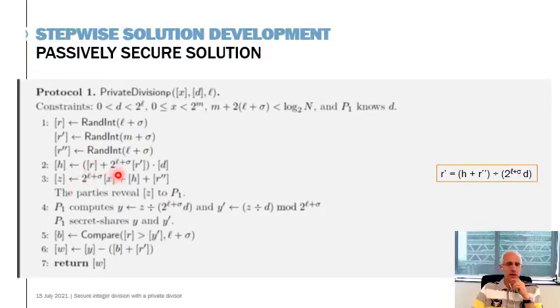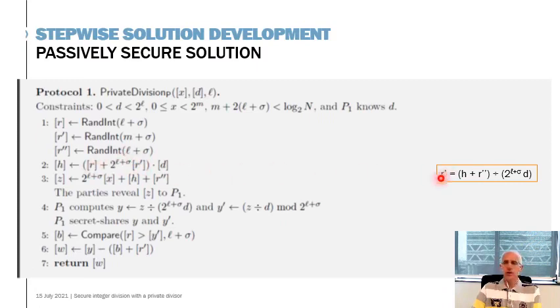So this is the shifted X. These two together are our random value. And the R double prime is relatively small. H is a multiple of D. And within the multiple of D, R prime is the multiple of the shift factor, and R is again small.